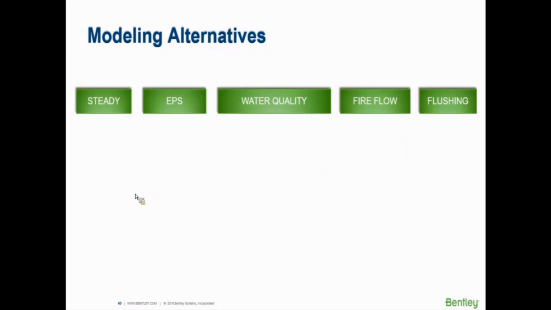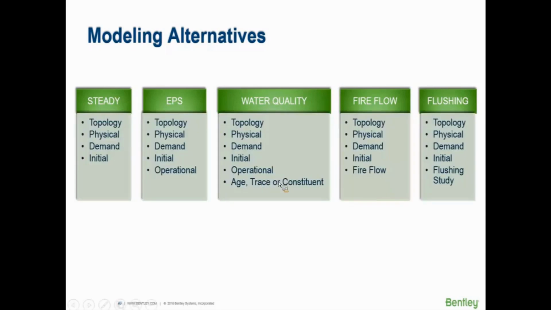The differences between the different types of runs, as Dr. Walski was saying earlier during his presentation: for a steady state model, it's just a snapshot in time, and we'll only be using a few alternatives, a few building blocks to build a scenario, like an initial conditions alternative, the demand alternative, and the physical alternative.